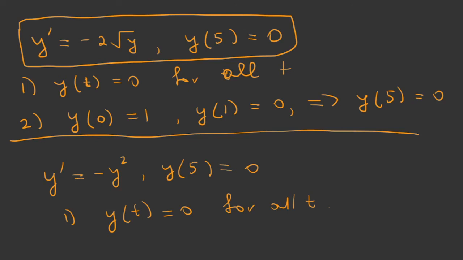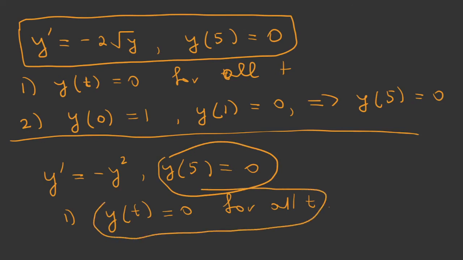Actually, we know the object will never reach the equilibrium position, and so it cannot satisfy this initial condition, y at t equals 5 equals 0. And so the constant solution is the only solution to our initial value problem.